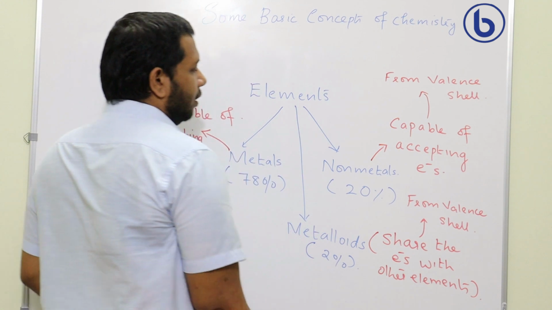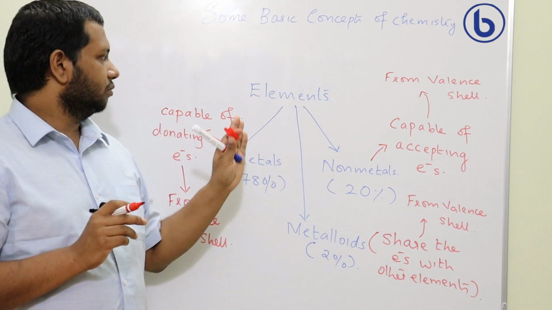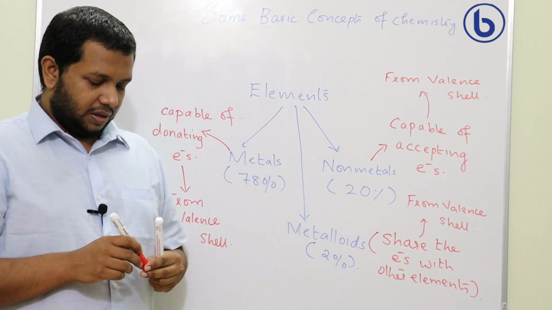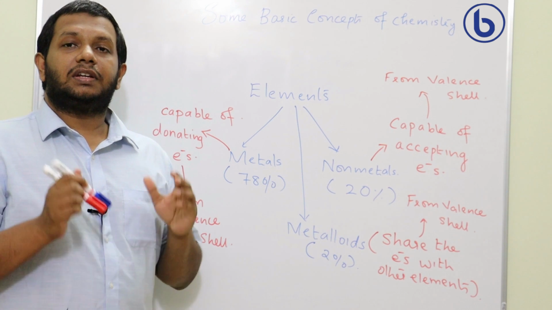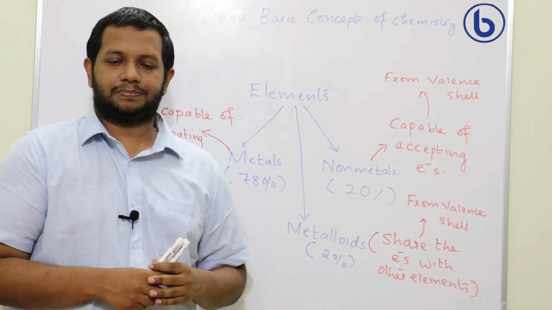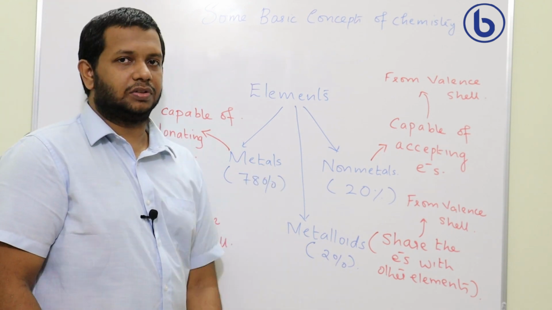Fine. Now I have given you a little idea on how the elements are broadly classified, and I told you in the periodic table it is classified into S block, P block, D and F block elements. Okay, fine. Now coming again back to this chapter.